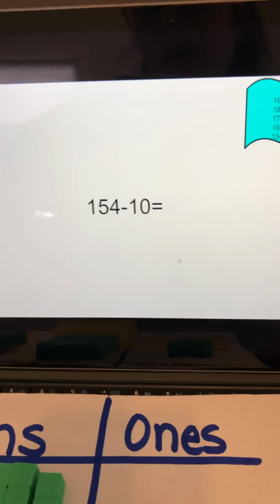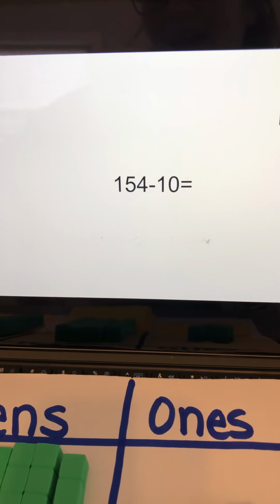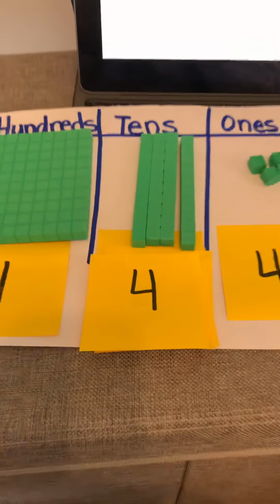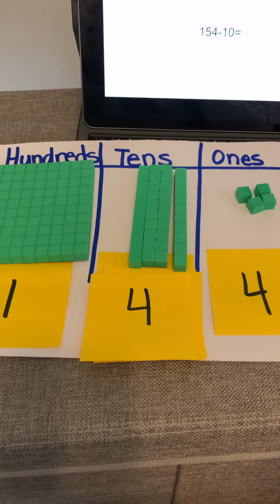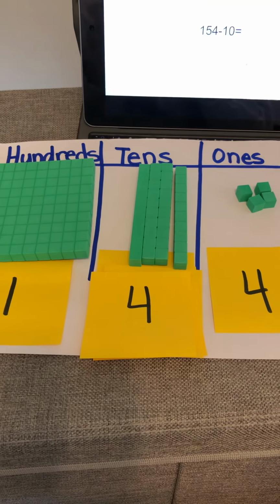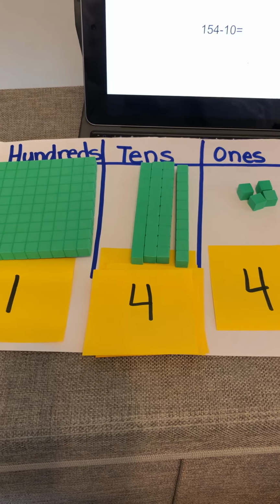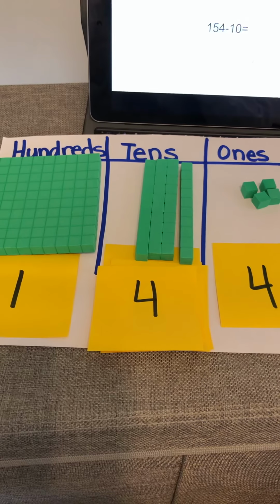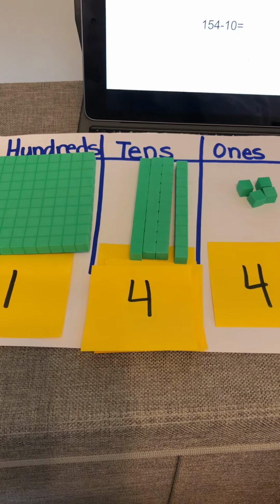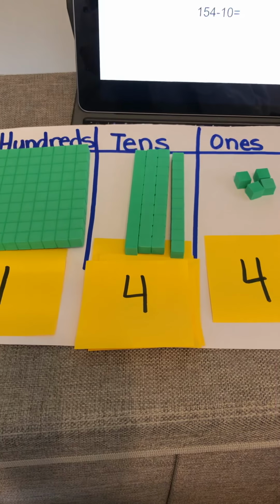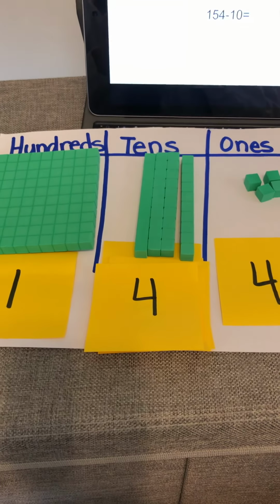Very good. Awesome job. I have a question though. What if I wanted you guys to figure out 144 minus 10? What would the answer be? 144 minus 10.